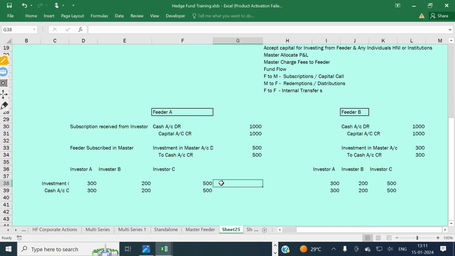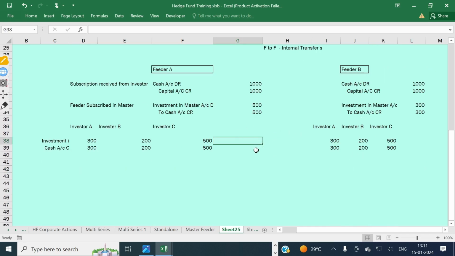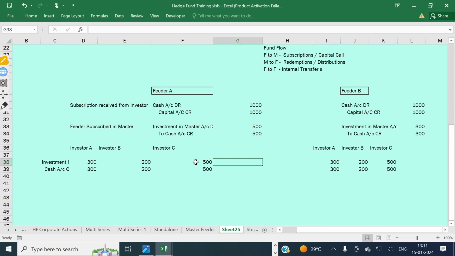See, apart from that, you can record expenses, you can compute NAV, you can do everything. So it means under feeder you will have to perform all the tasks.